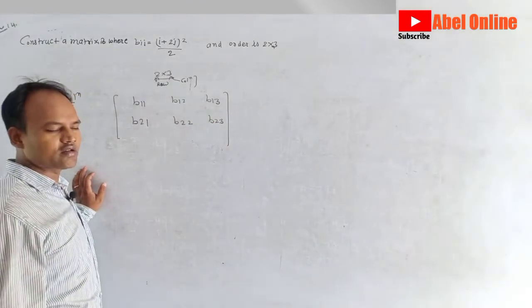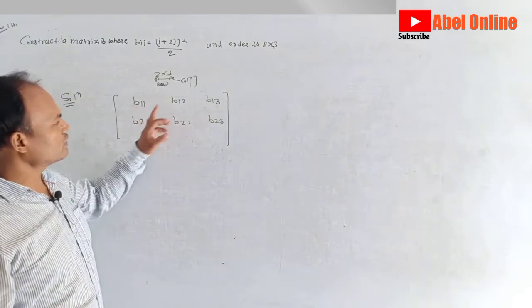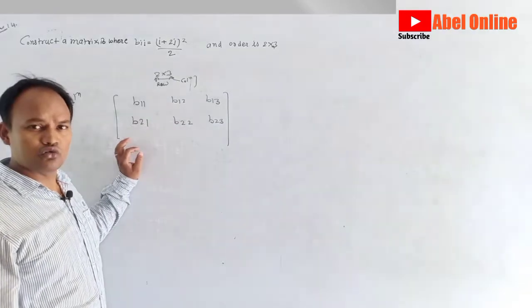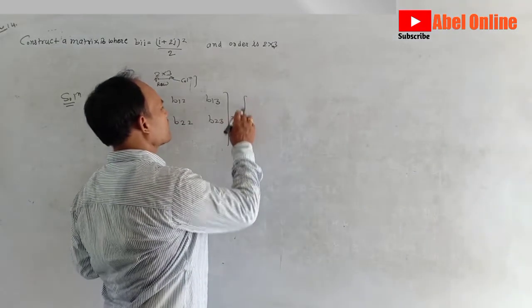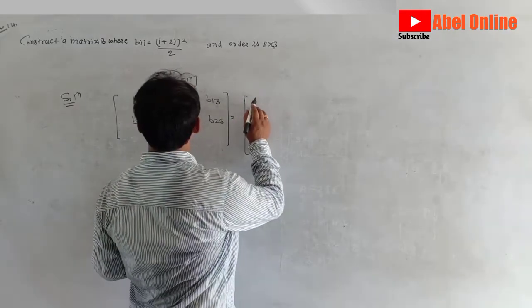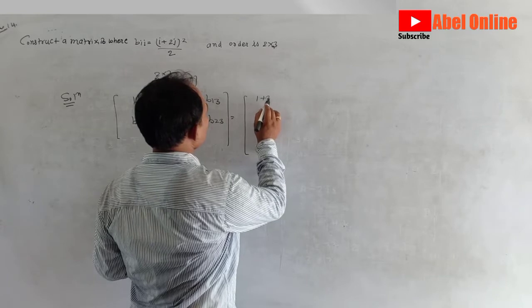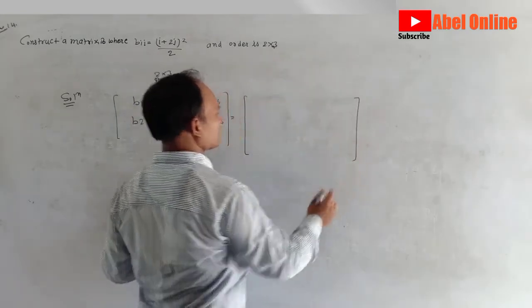It has 2 rows and 3 columns. So B11 means 1 plus 2 into 1. First we have to find the values one by one.